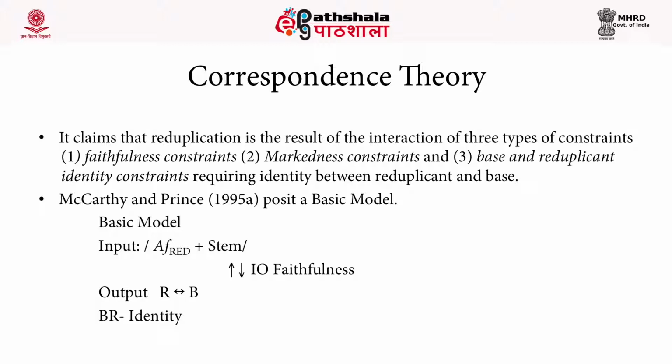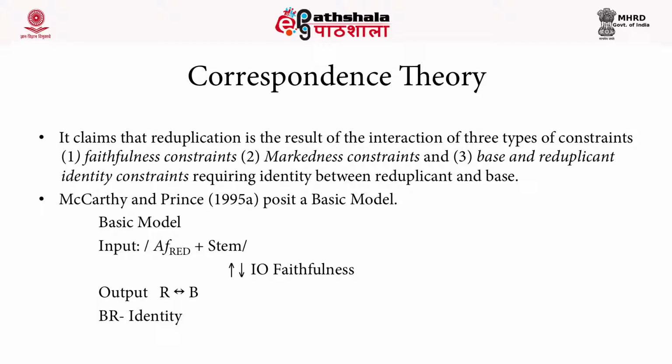Now, as you can see, the basic model has an input as affix, which is the reduplicant affix, plus the stem. Now you can see the vertical IO faithfulness constraints, the input-output faithfulness constraints, that are vertical lines, and there is the output, and the BR identity constraints are acting horizontally.